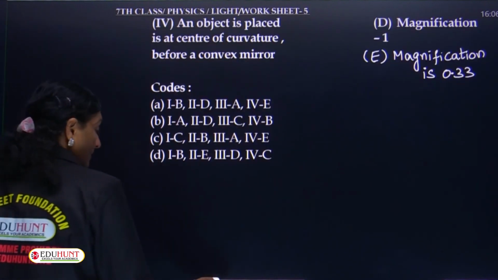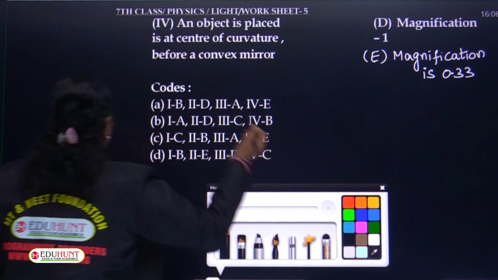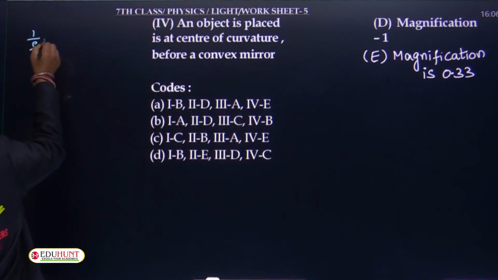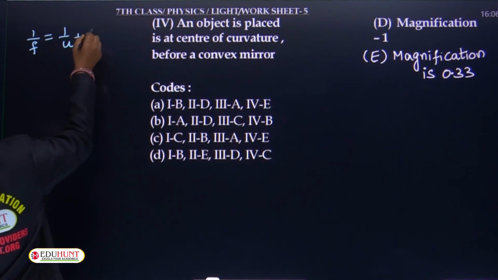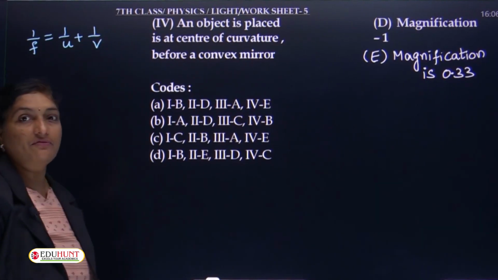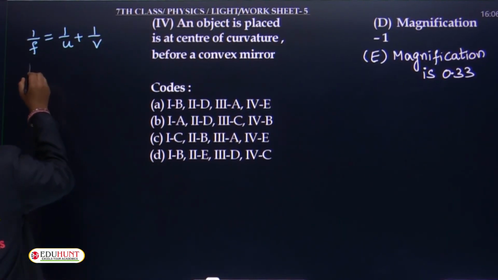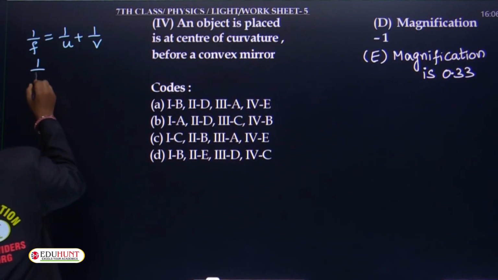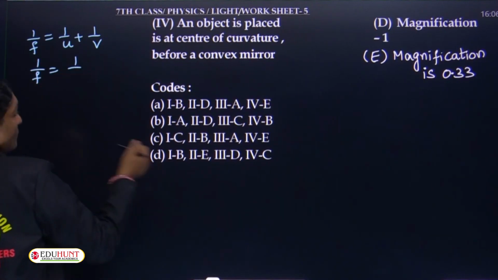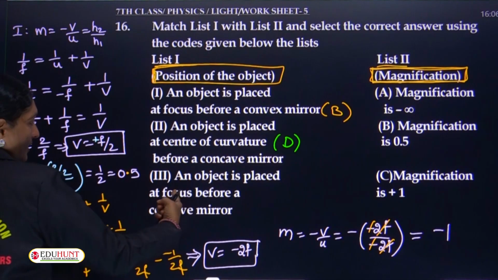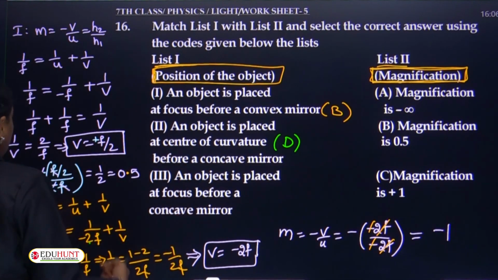So solving here. Again, take the formula 1 by f is equal to 1 by u plus 1 by v. Where is the object kept, children? It is kept at the focus only.